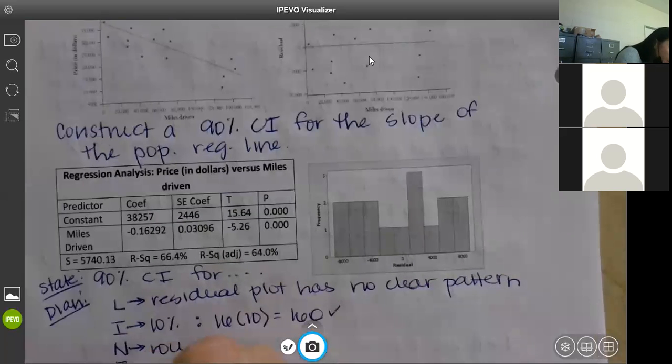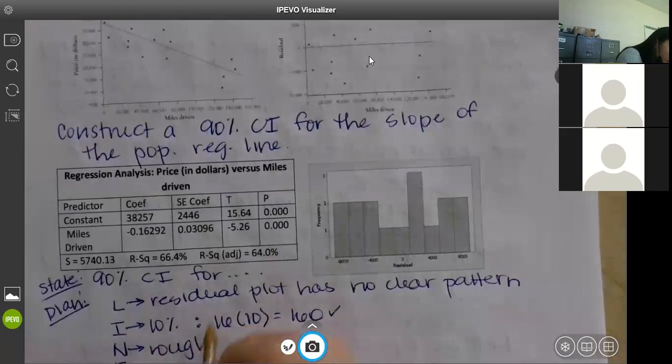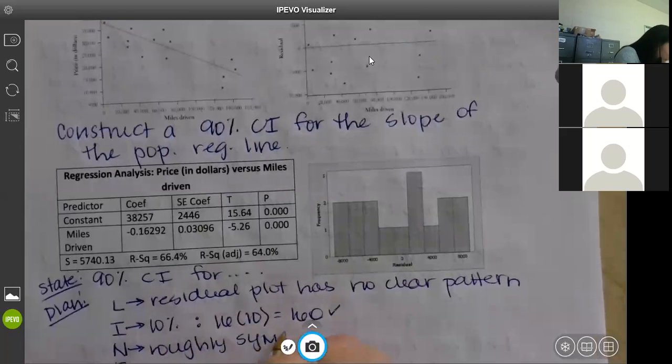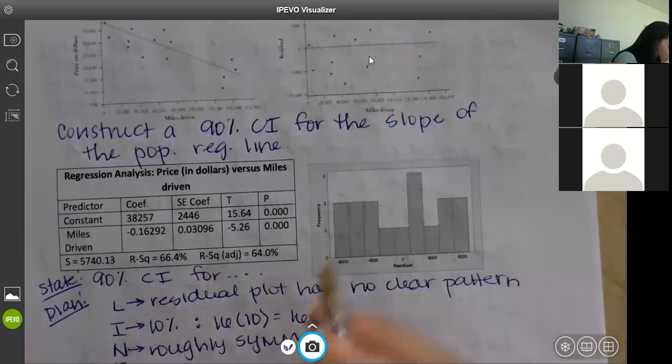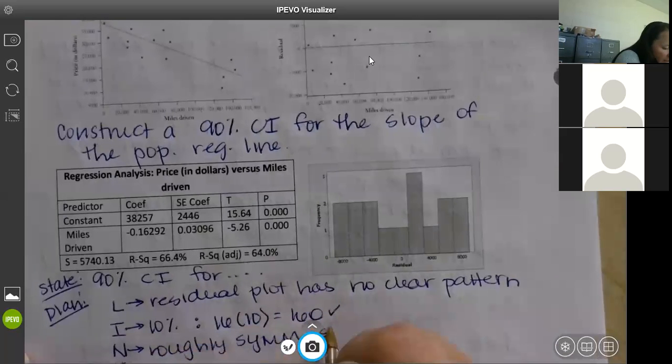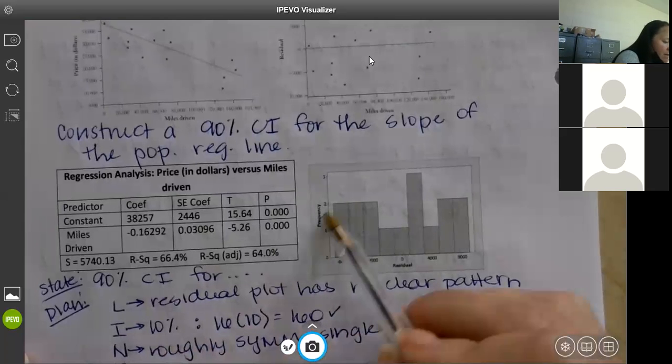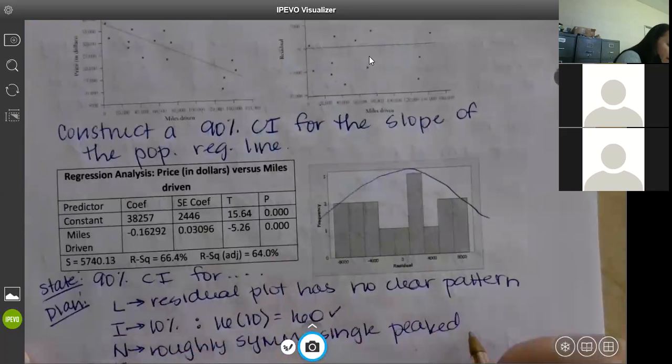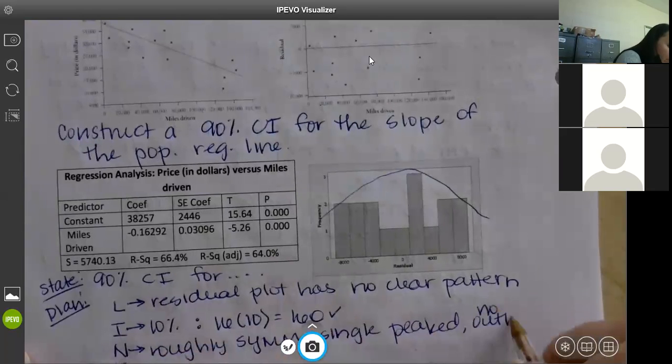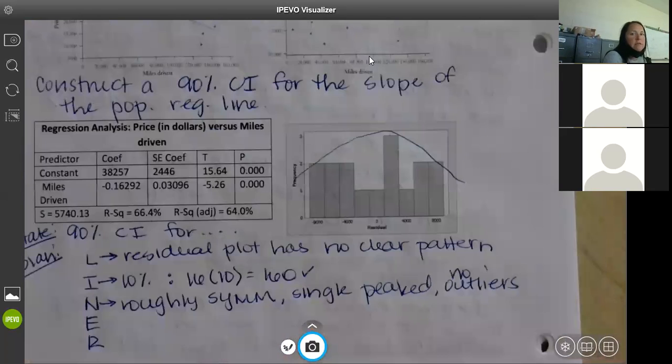It's roughly symmetric. Single peaked. And this is your peak up here. And no outliers. There's no gaps, there's no craziness.